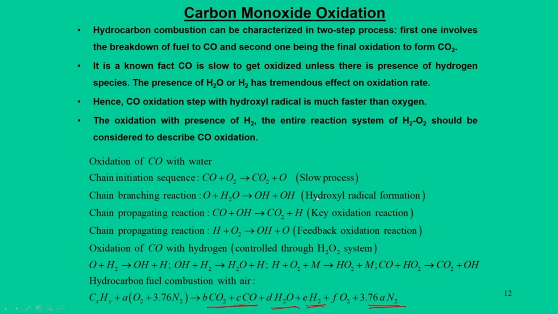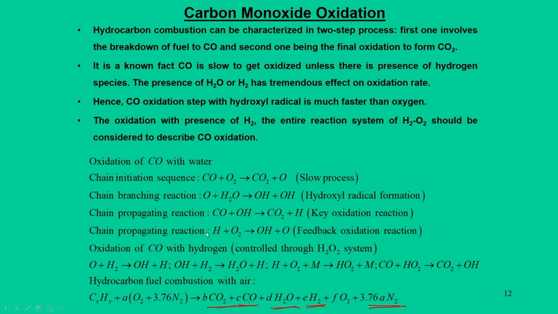When it forms OH radicals, they again react with CO and give CO2. So, it is a key oxidation reaction because that is the oxidation process. What we see is that directly with O this is a slow process, but through the route of hydroxyl radicals it is a fast process.